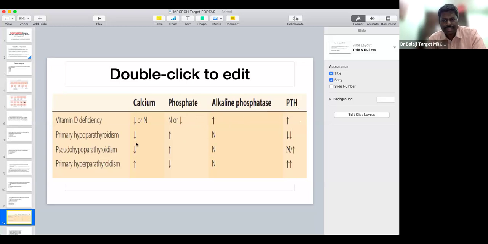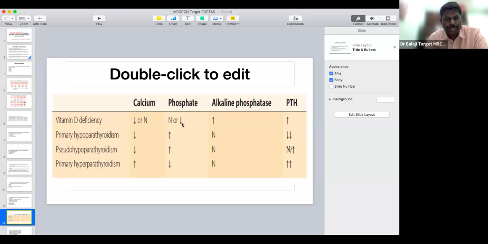So in vitamin D deficiency, alkaline phosphatase will be definitely elevated and parathormone will be elevated. With regards to calcium and phosphate, to start with, both calcium and phosphate can be normal. So that scenario will be there.